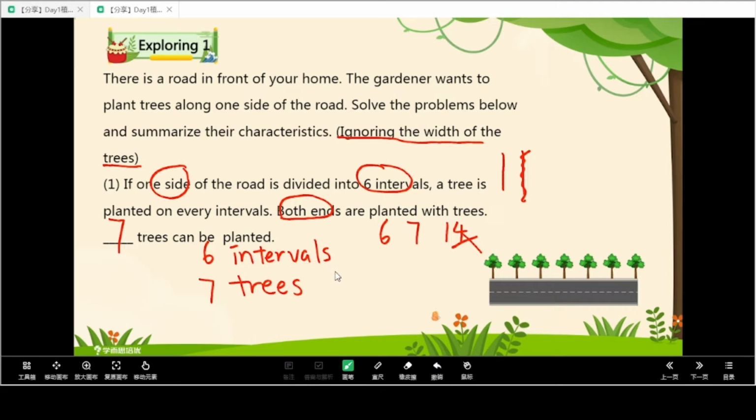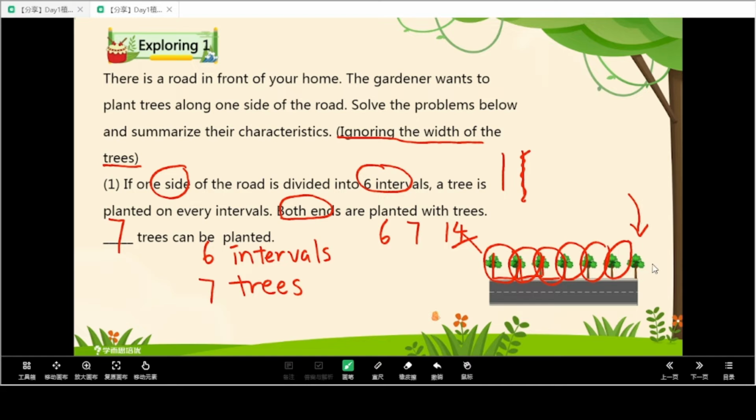Yes, tree is larger. And why is this so? Let's check it together. We can use a tree and an interval as a package to count. We make a tree and an interval as a package: 1, 2, 3, 4, 5, 6, and hey, why is there a tree left hanging behind here?